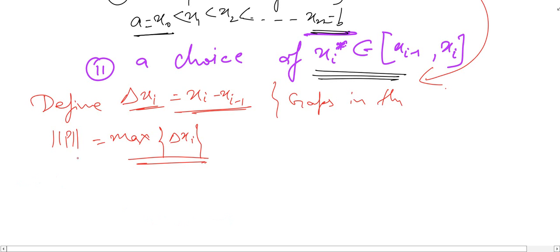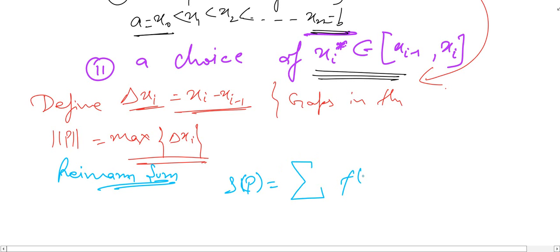Okay, then the Riemann sum is given as the sum over all these points. P is nothing but a set of all these intermediate points, and the sum is the summation of f of xi star times delta xi, where i is from 1 to n. Right.